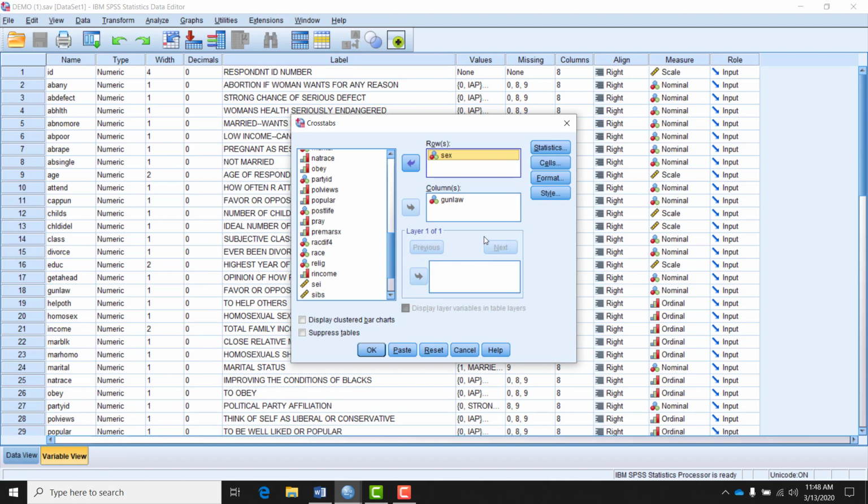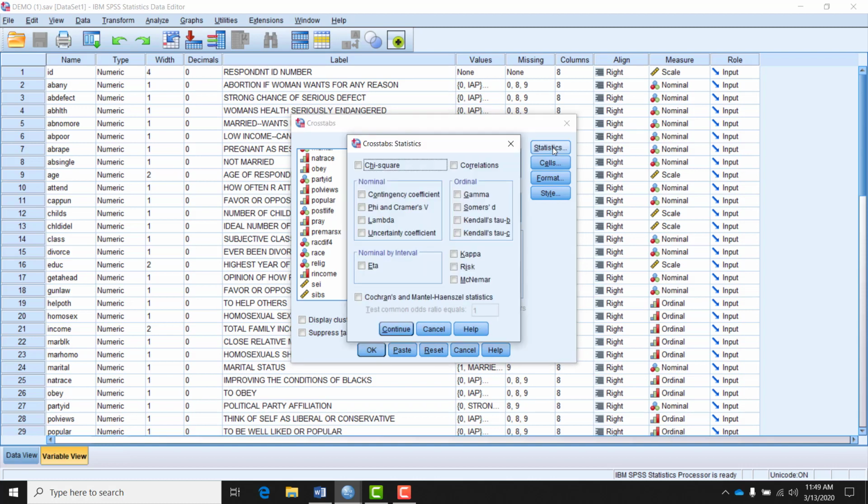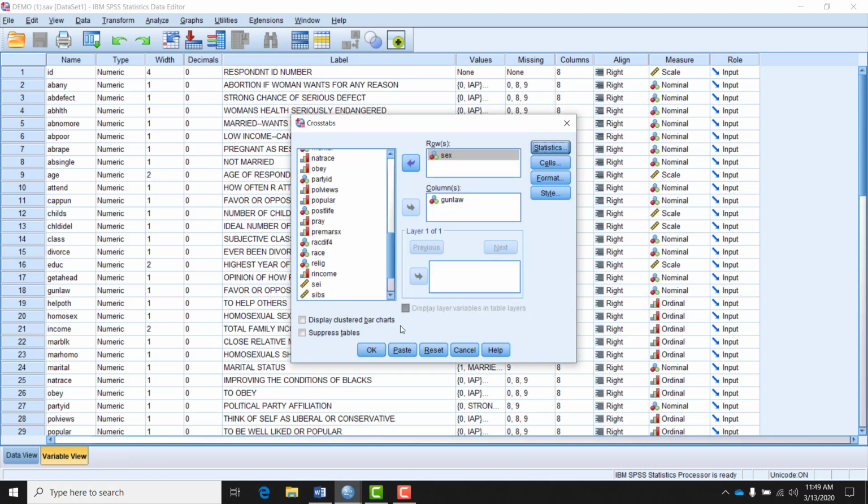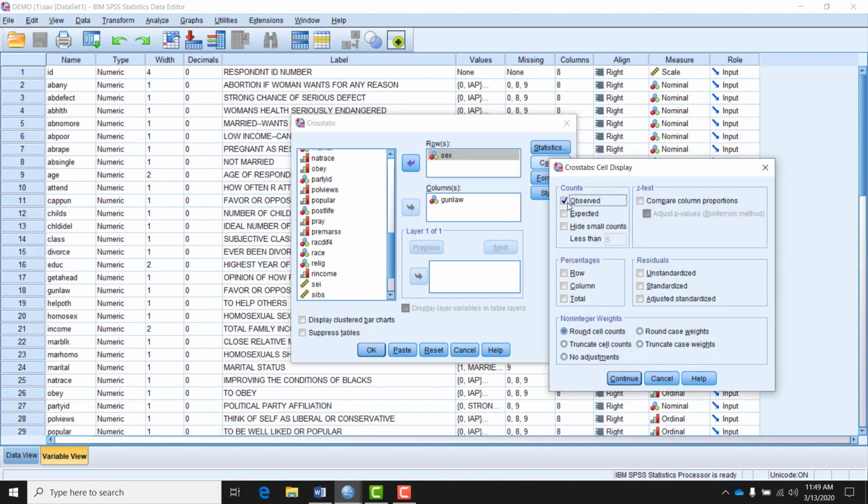Sounds good. Now we got some other things we need to click first, though. Goes to statistics. This is what we're doing, after all. And we need a chi-square. And we need phi and Cramer's V. There's other stuff here you could click, but why would you? So, we'll hit continue. We'll go to cells. All right. We want the observed counts.